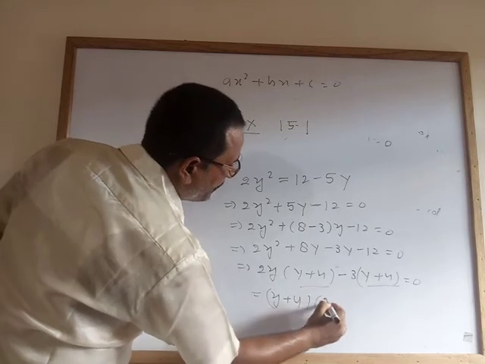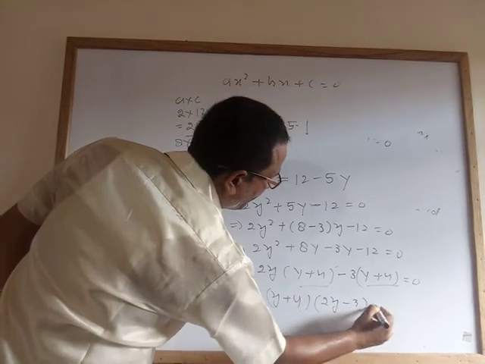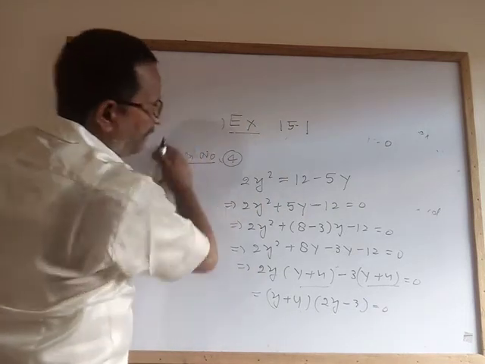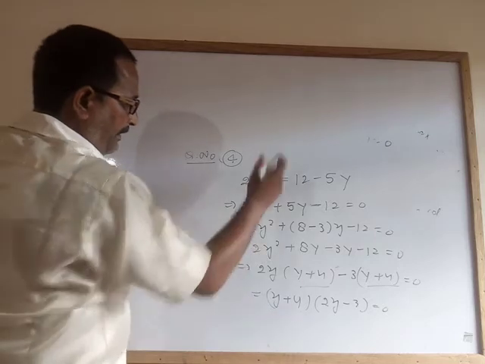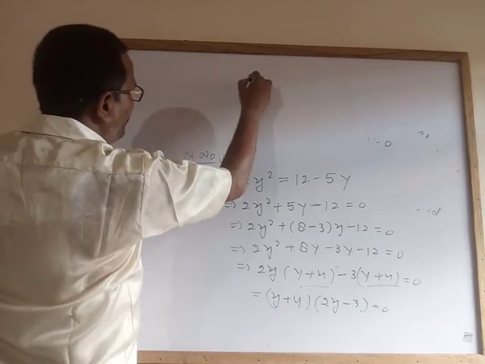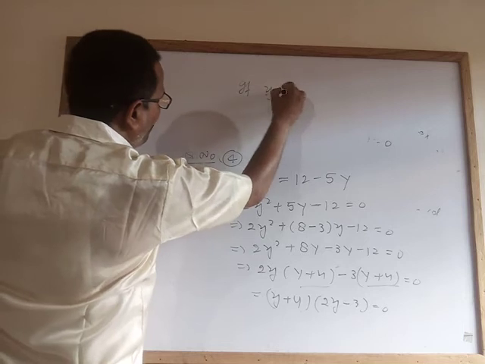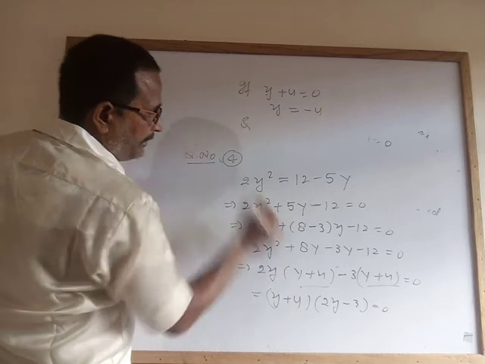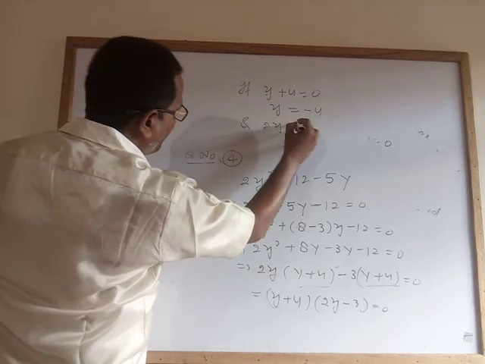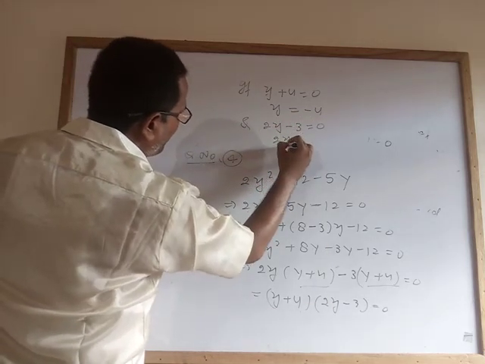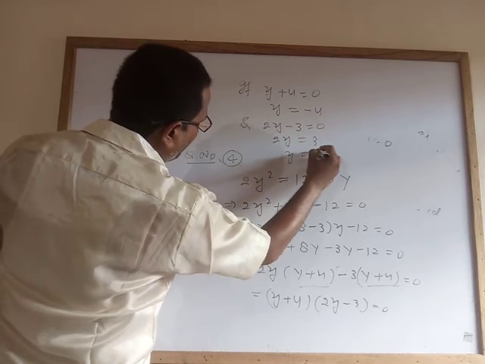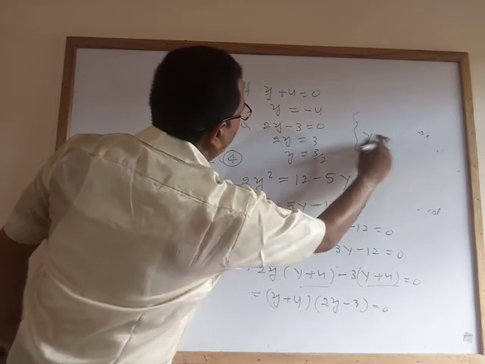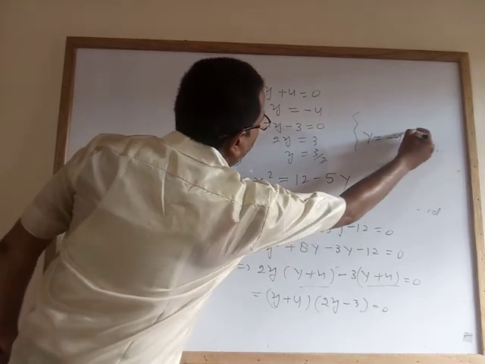What is remaining? 2y minus 3 is equal to 0. Now if y plus 4 is equal to 0, y is equal to minus 4, and 2y minus 3 is equal to 0, 2y is equal to 3, y is equal to 3 by 2. See, it has two solutions: the y values are minus 4 and 3 by 2.